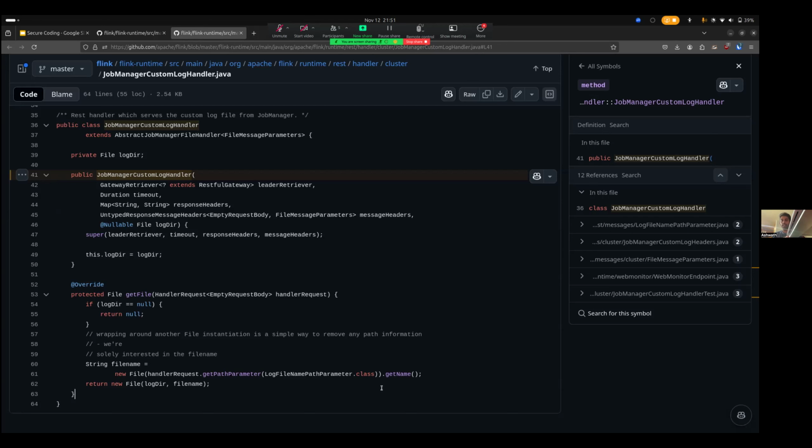Then on line number 61 you are creating a new file with it, so the file name is not malicious here. Once the file name is not malicious, you can work with logdir, because logdir is not used in any of the override functions. So again, this is how I look at things. This is one approach that I take.